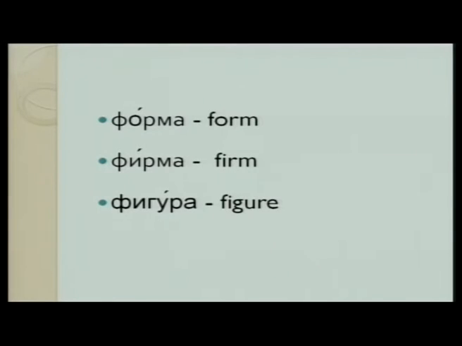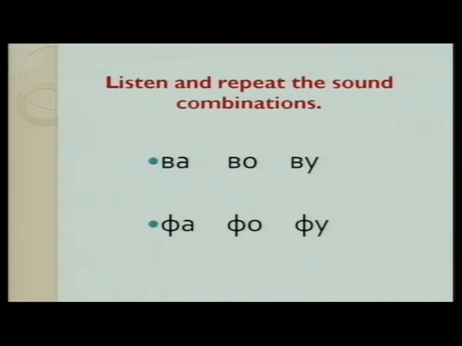Let us learn a few more words. Forma, firma, figura. So, learners, with the help of these exercises, we are now able to distinguish between different sounds, especially when we are combining a vowel and a consonant.